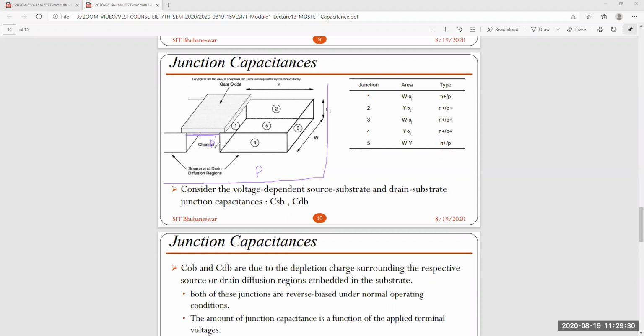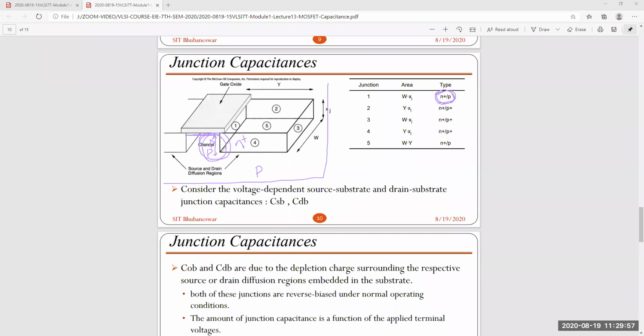But this region is P, right? Yes, sir. So that's why N plus P. This is the junction. When you say diode, you say N plus, this is P. The supply voltage is positive here, and here it is negative, means 0. So there is a depletion region, so there will be a capacitance, right?